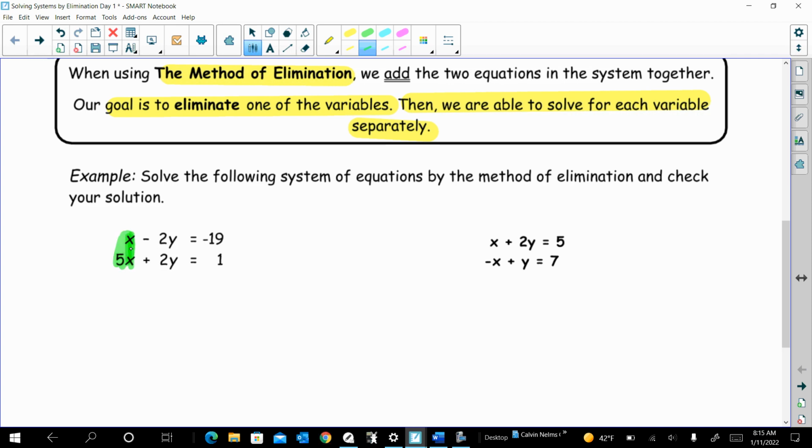The y's are lined up, and the constants are lined up. You can only use elimination in standard form, which means our variables have to be lined up.